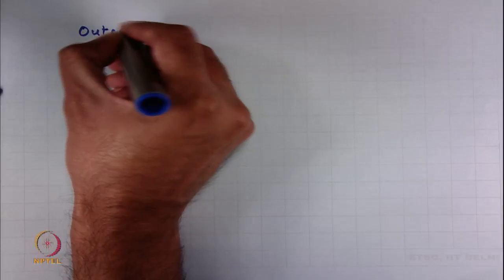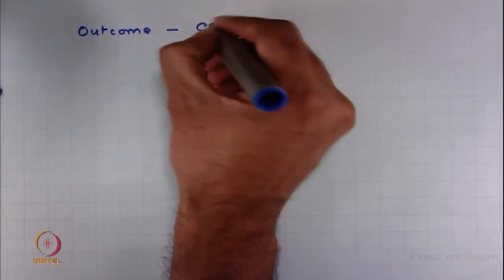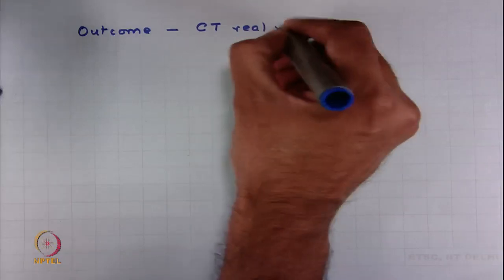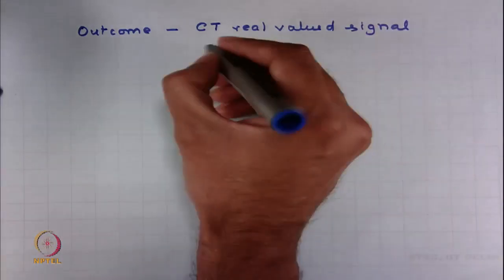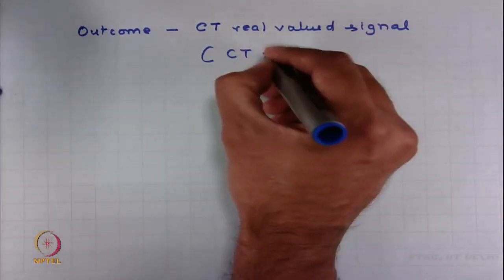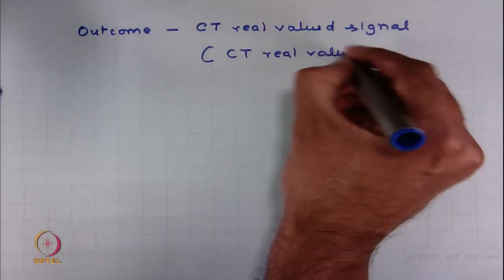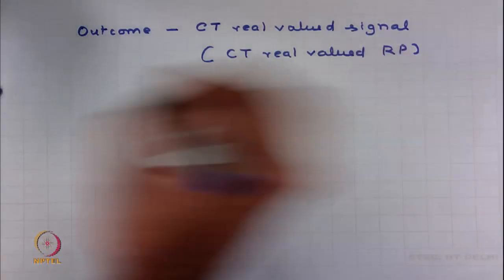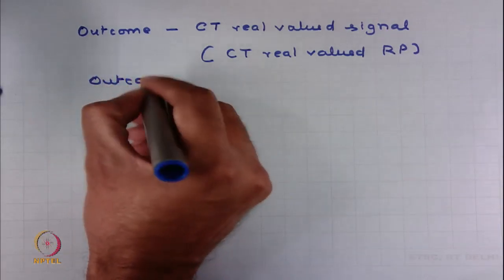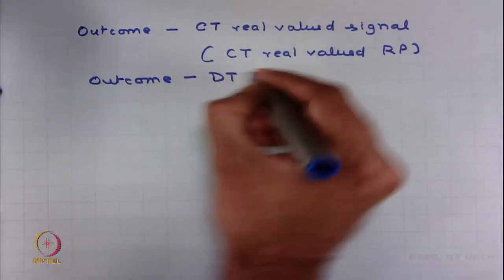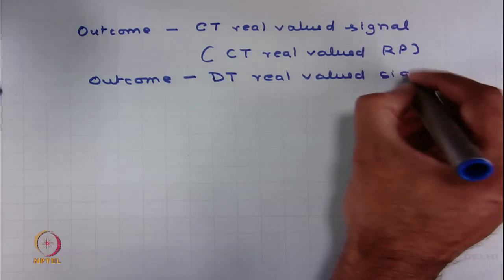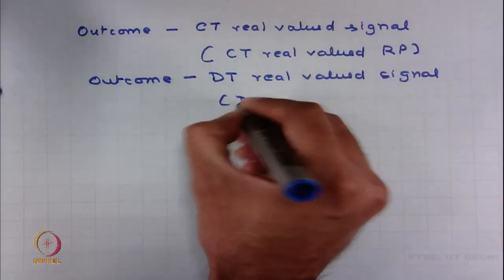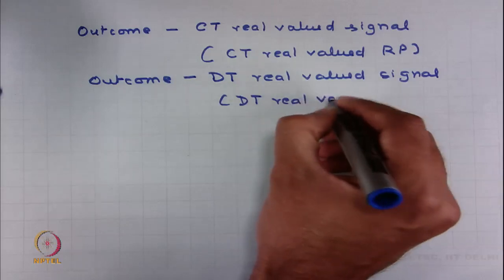So, if an outcome is mapped to a CT real valued signal, my random process is known as a CT real valued random process, and if my outcome is mapped to a DT, discrete time, real valued signal, my process is known as a DT real valued random process.